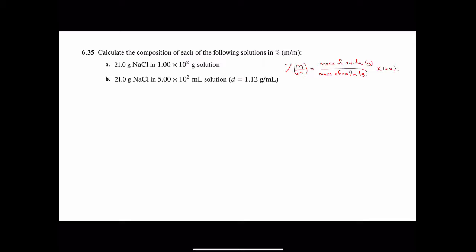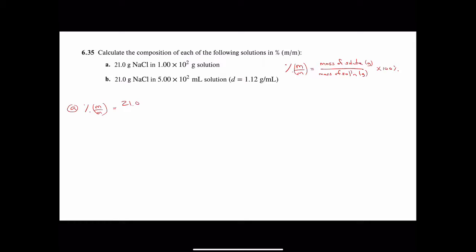If we take a look at A, it says we have 21.0 grams of sodium chloride in 1.00 times 10 to the power of 2 grams of solution. So that's 21 grams of sodium chloride in 100 grams of solution. If we just use the formula, percent mass over mass is going to be equal to the mass of our solute. Our solute is sodium chloride.